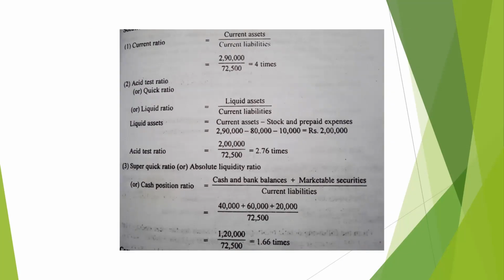That is, trade investment is also known as marketable securities. So divided by current liabilities, the same amount used in the above formula, 72,500. So total 1,20,000 divided by 72,500. The answer is 1.66 times.